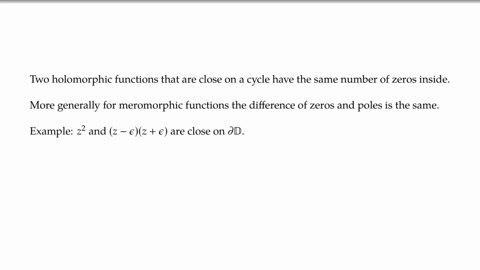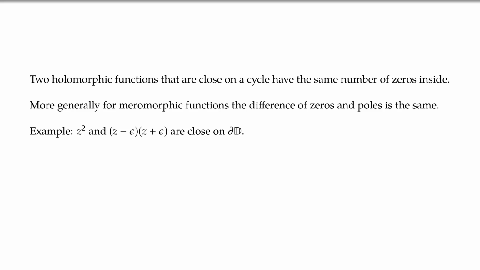Now let's look at the example for holomorphic functions, which is really if we have, let's say, z squared and z minus epsilon, z plus epsilon. Suppose that epsilon is small, then they both have really two zeros up to multiplicity. They're both 0, and one of them has zeros at minus epsilon and plus epsilon.